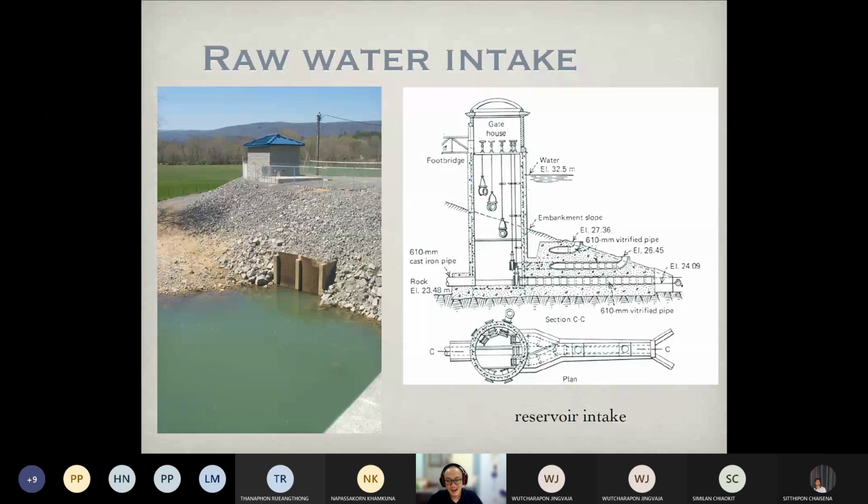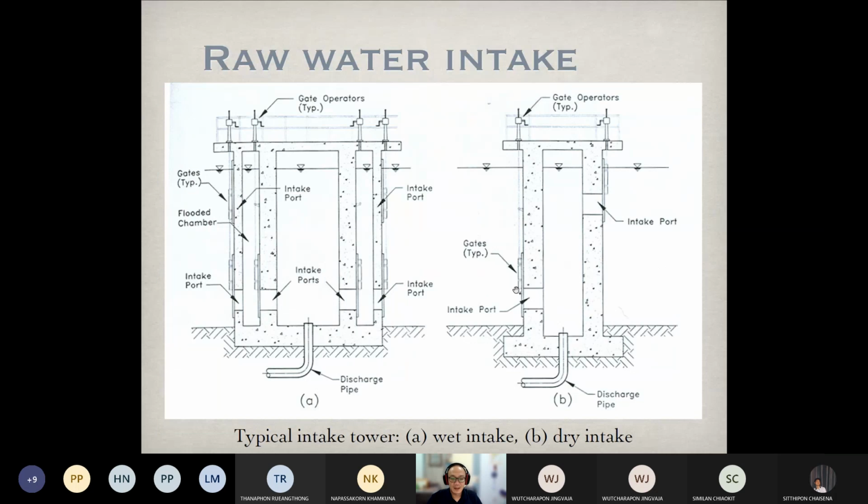In that case, we may have to take the water from the lower port, even though it is very near to the bottom of the reservoir. So this is a kind of tower intake we can use if we use water from the reservoir as the water resource for the community.